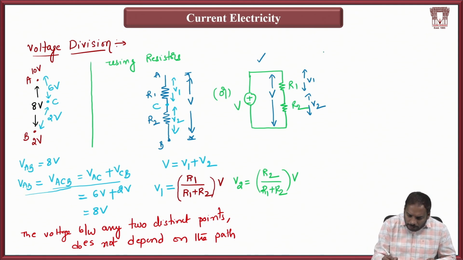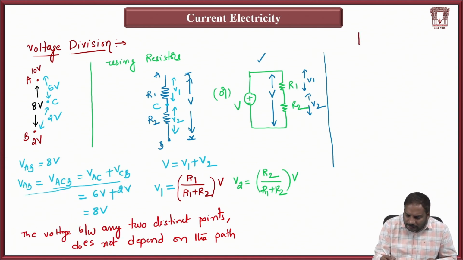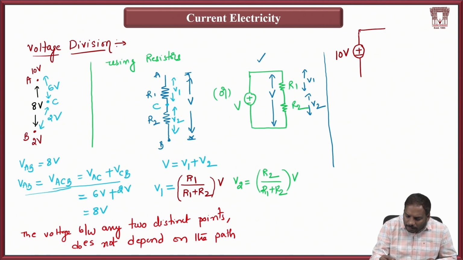So I'll go ahead in explaining the same concept by taking a practical example. A small electrical circuit I'll consider. So let us consider this is a 10 volts battery which is connected across the two resistors, something like this.